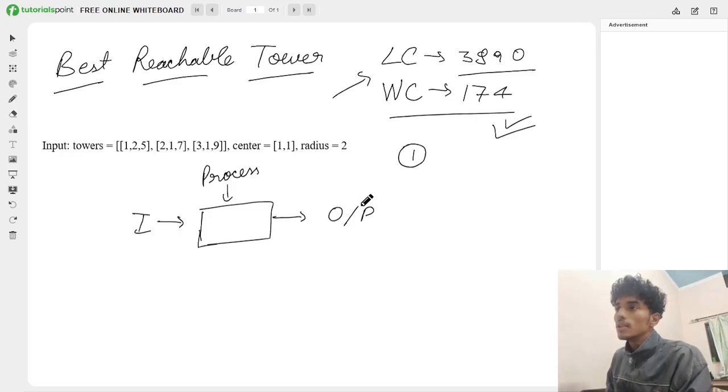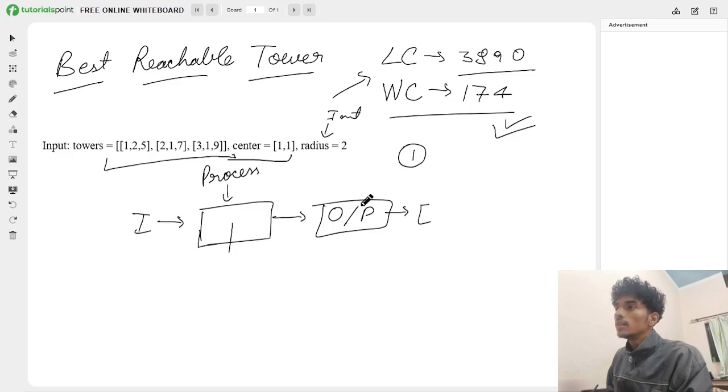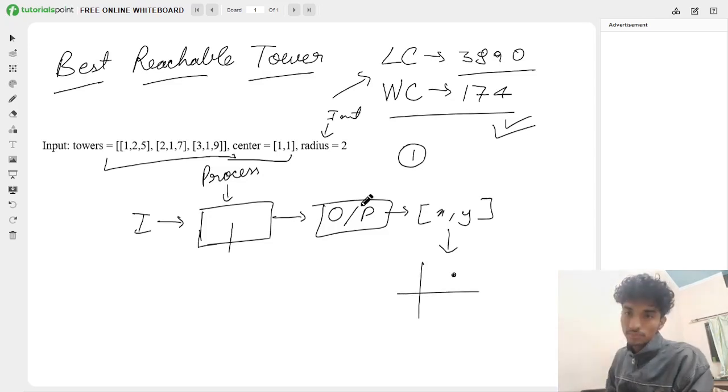In the input we will be given two vectors plus an integer, and then we need to solve something, and there is an output which consists of two numbers x and y, where x and y represent a particular point in a coordinate.